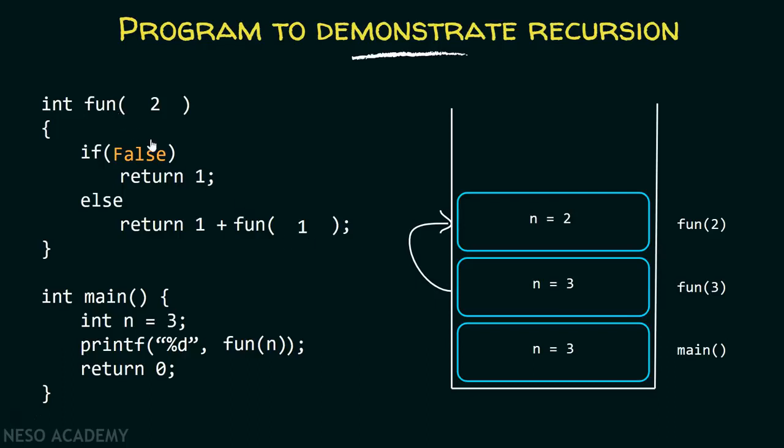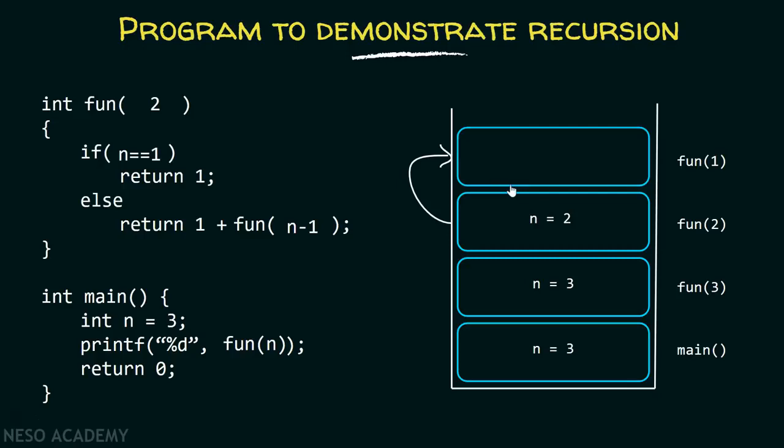From fun2, we are calling fun1, which means now the control will transfer from fun2 to fun1, and the activation record of fun1 will be maintained inside the stack. This will get replaced by value 1 as n equals 1, and n equals 1 will be maintained inside the activation record because n is the parameter of this function, right?